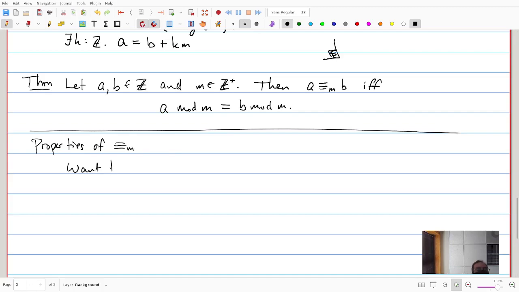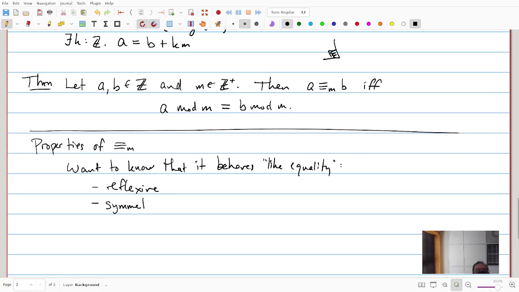So we want to know that it behaves like equality and has to be reflexive, symmetric, and transitive.